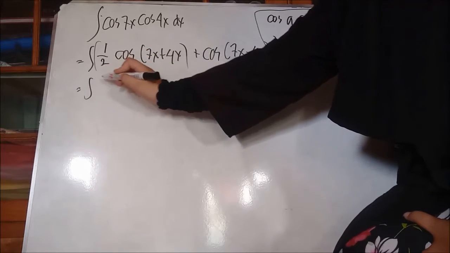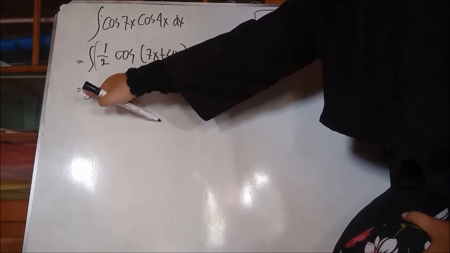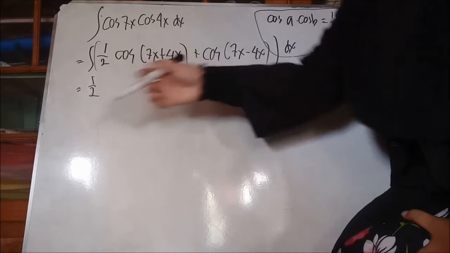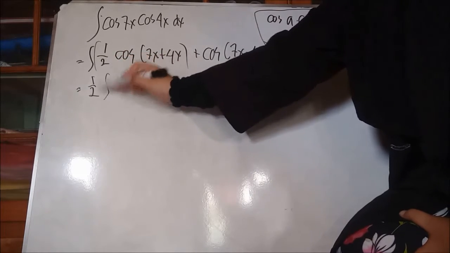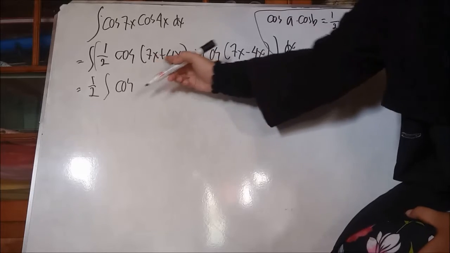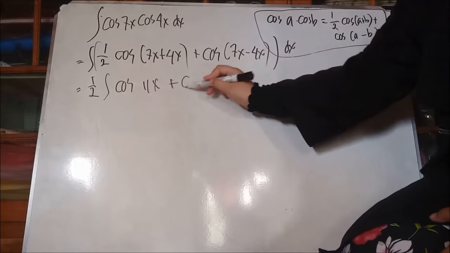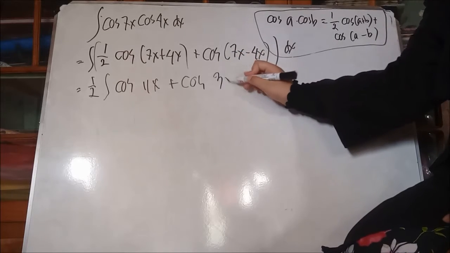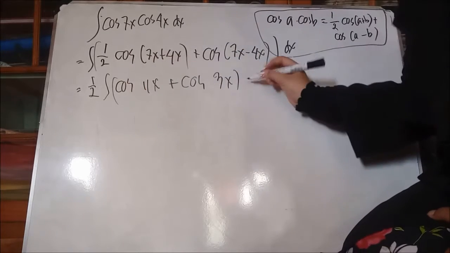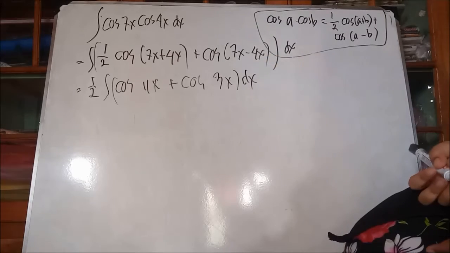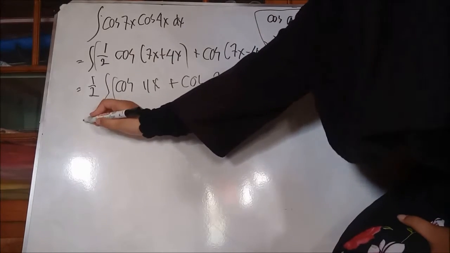So we can get the integral. Here we take 1 over 2 in front of the integral, so we get half the integral of cos 11x plus half the cos 3x dx. And then we can continue.